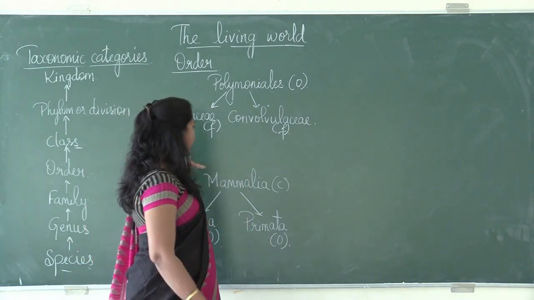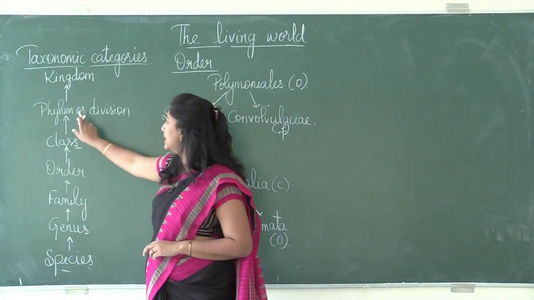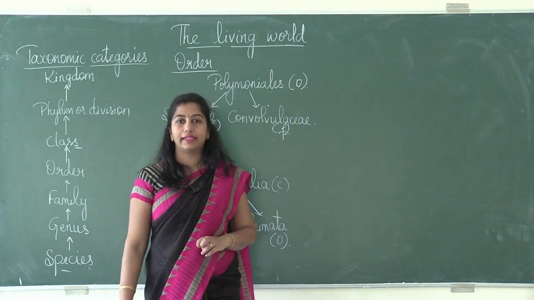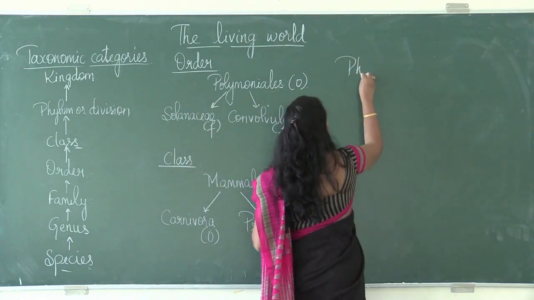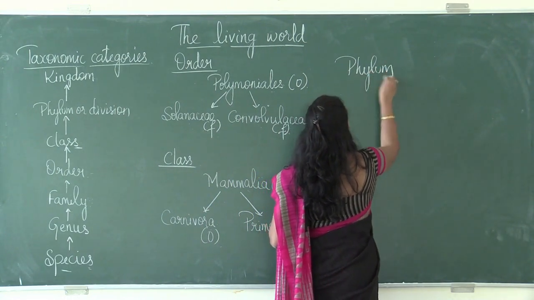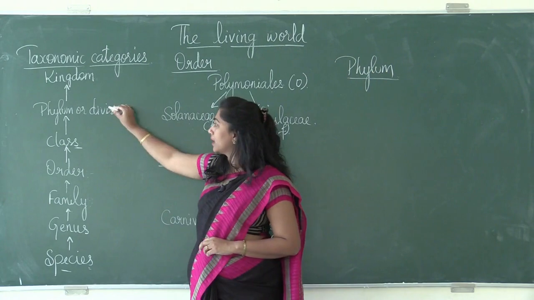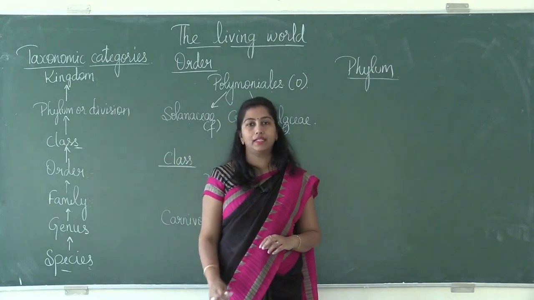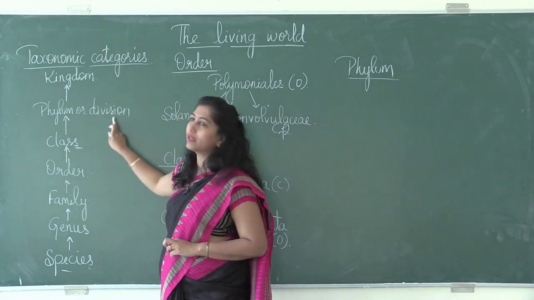Now after class, the next group we have to study is phylum or division. Phylum consists of a group of related classes. We see two terms here, phylum or division.